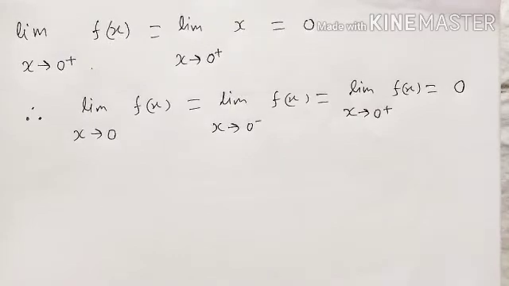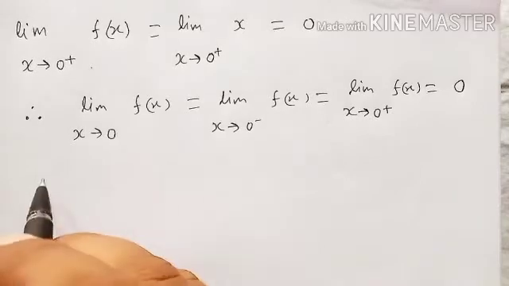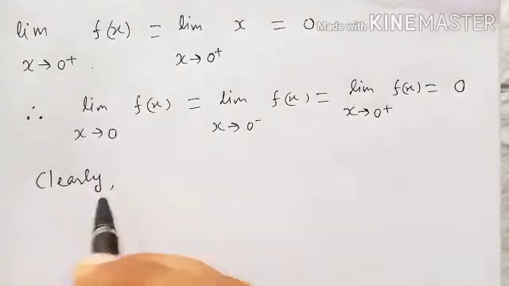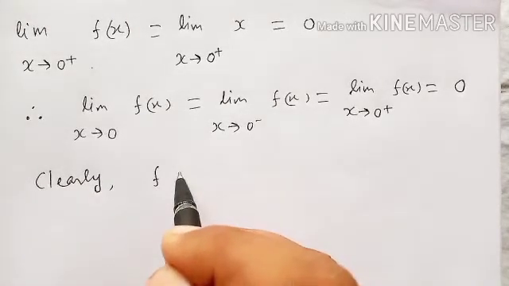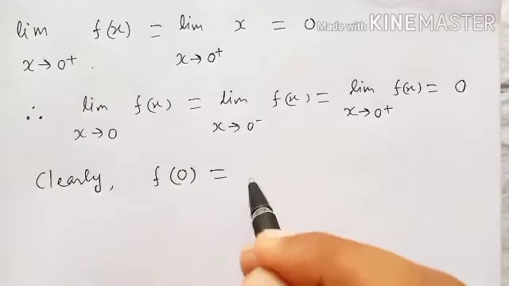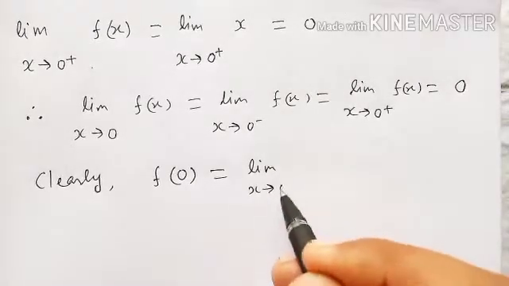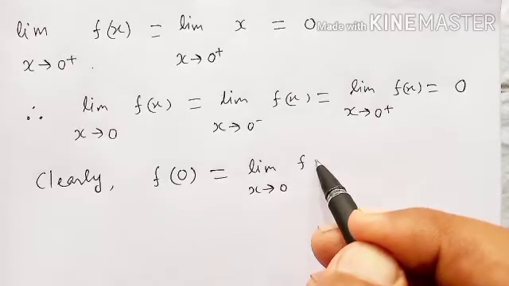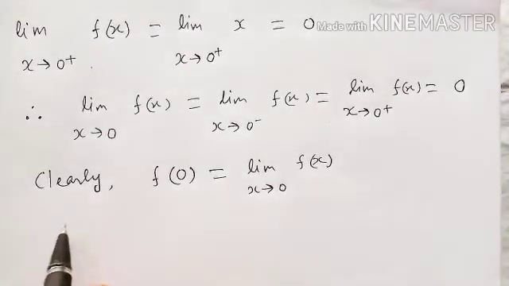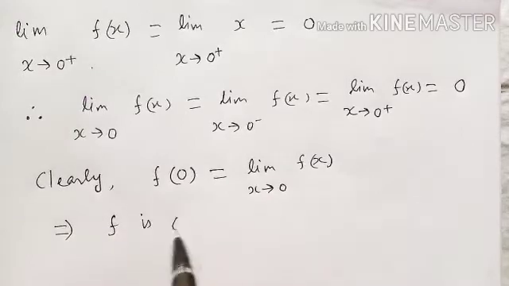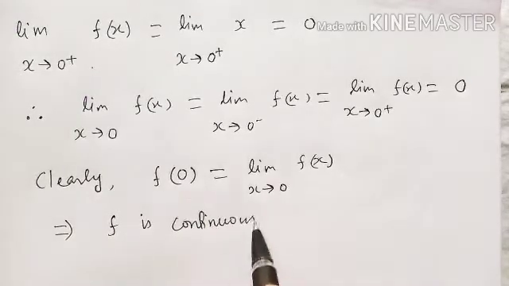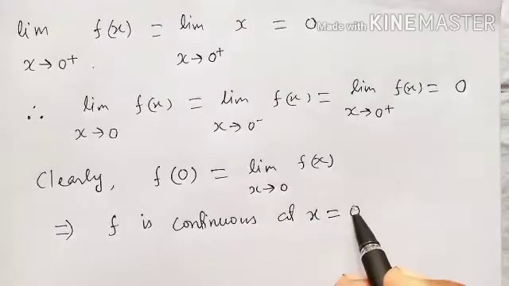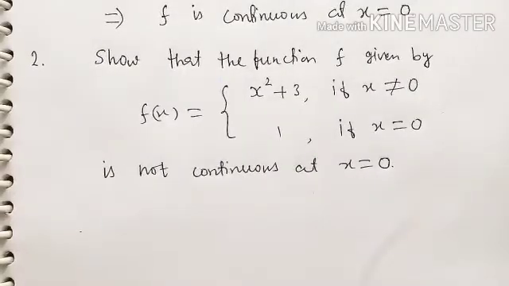So 0 is the value of the limit, and you have discussed that f(c) means f(0), which is 0, and it is equal to the limit of the function at c. This implies that f is continuous at x is equal to 0. Let us do the next question.